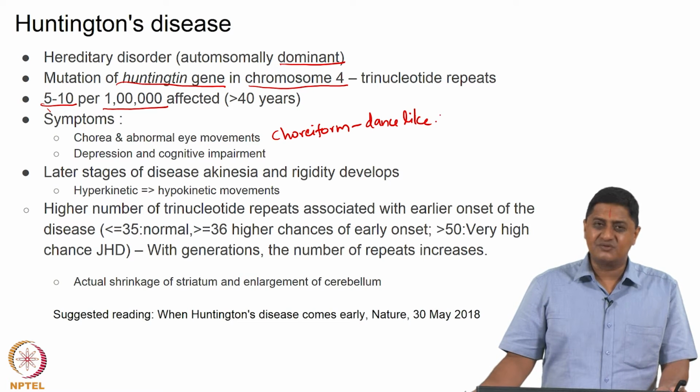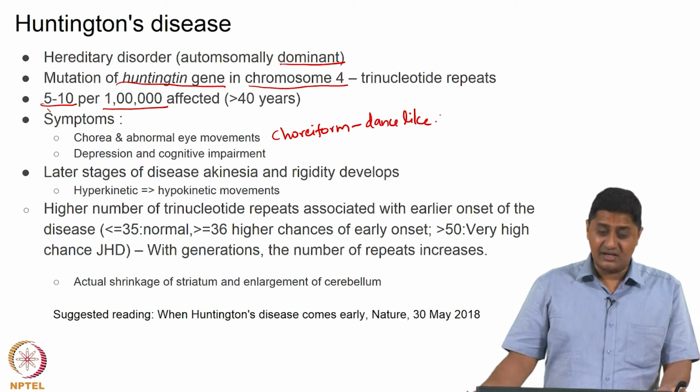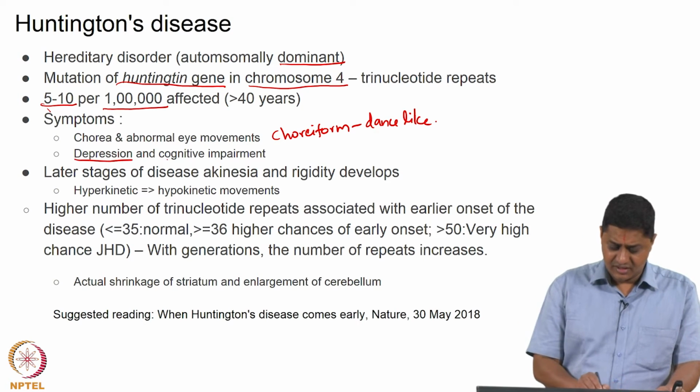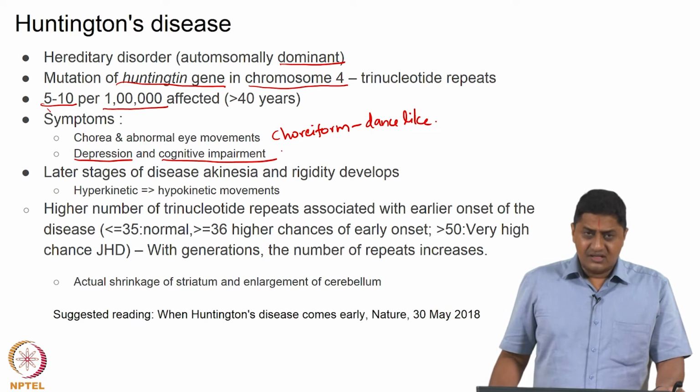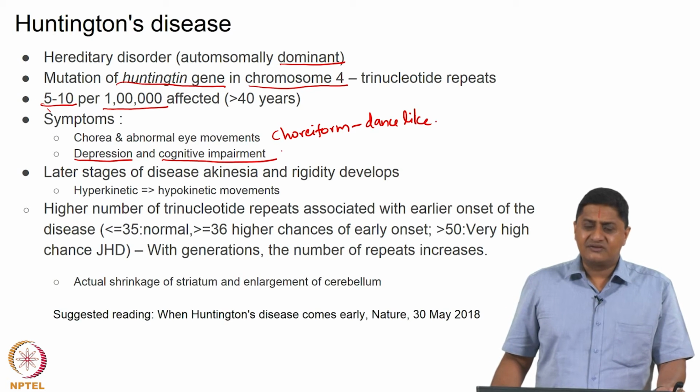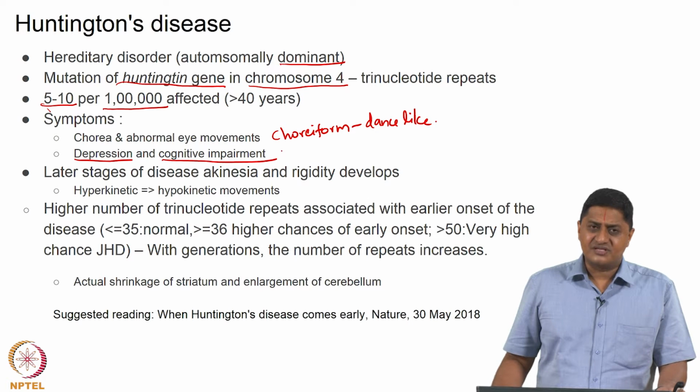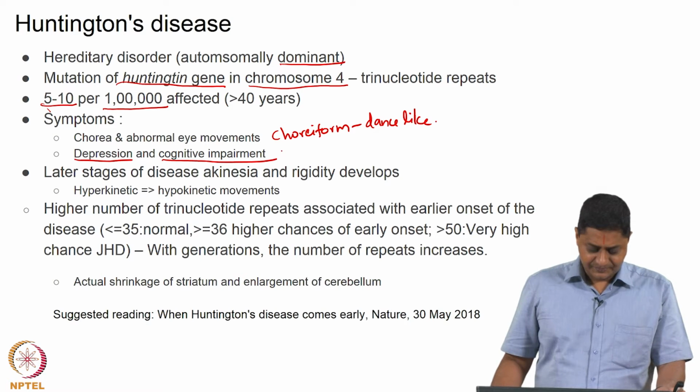So, these individuals, when they make movements, it looks as if they are dancing, right, and eye movements are abnormal, and usually this also is accompanied by other non-motor symptoms such as depression and impairment of cognitive function. Although the exact details of the non-motor dysfunctions have not been understood, the motor form has been documented relatively well, right.